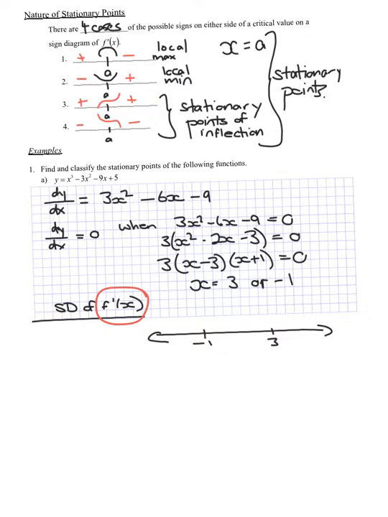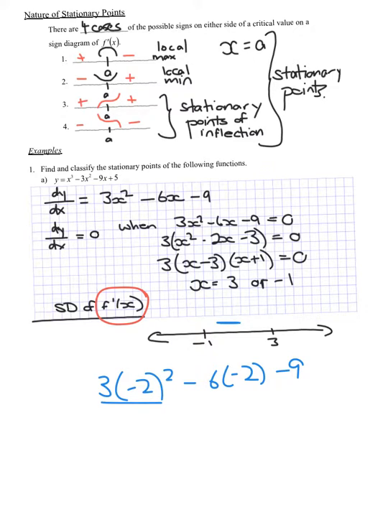So let's try when x is equal to 0: 3x squared take 6x take 9. What's that going to be? Positive or negative? Negative. Very good. Then if we pick negative 2, we'd get 3 bracket negative 2 squared take 6 by negative 2 take 9. So that's going to be positive, isn't it?